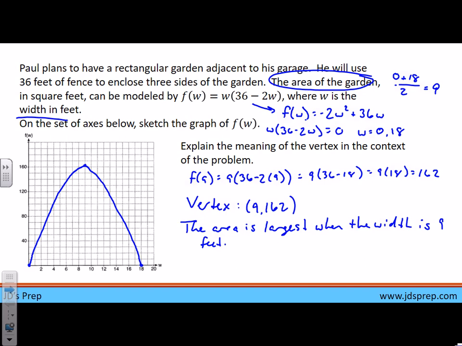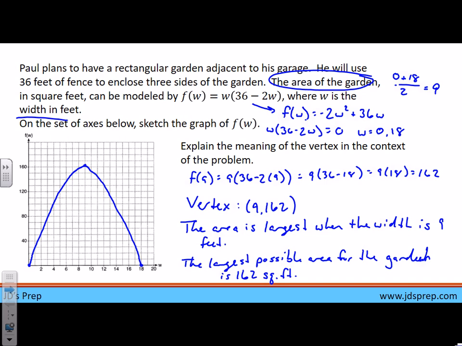The y-coordinate of that vertex, the 162, means that the largest possible area for the garden is 162 square feet. So the largest possible area for the garden is 162 square feet.